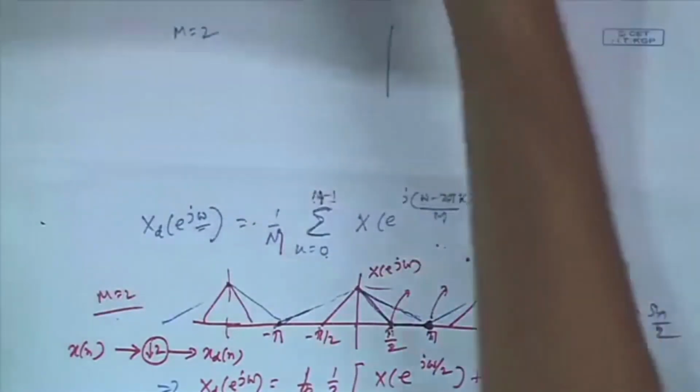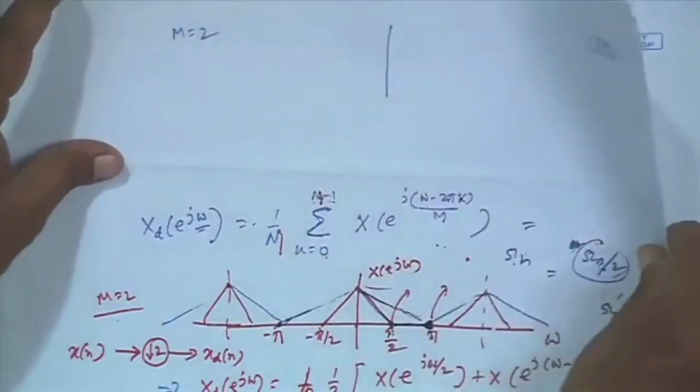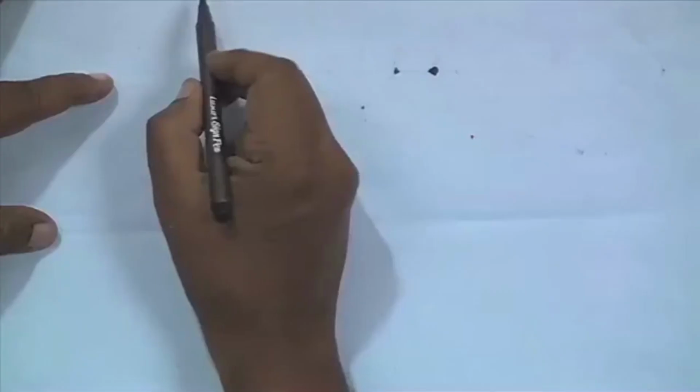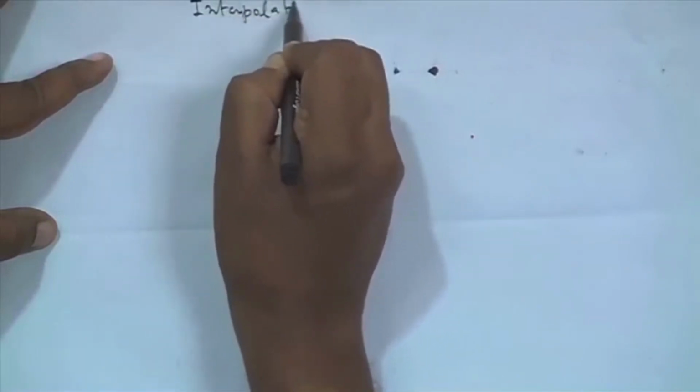Okay, this is for decimation, you can work out other examples. There is another very important thing, that is called expansion and interpolation. Before interpolation, I will consider something called expansion.